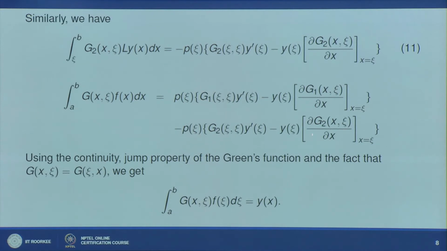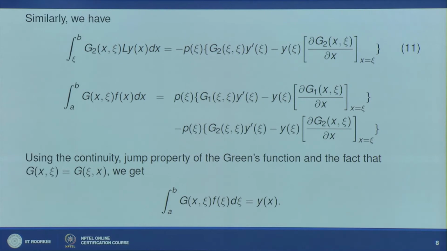Now again using the jump condition for the Green's function, we can say that dever g2 by dever x minus dever g1 by dever x is going to give you 1 upon p of x at x equal to xi, right? So this will be cancelled out and what you will get is y of xi.